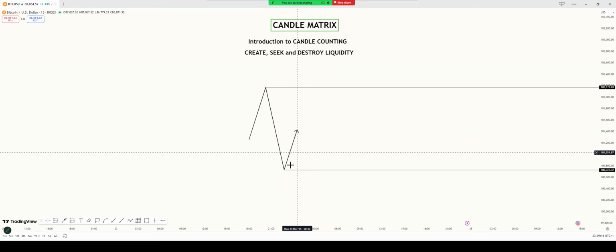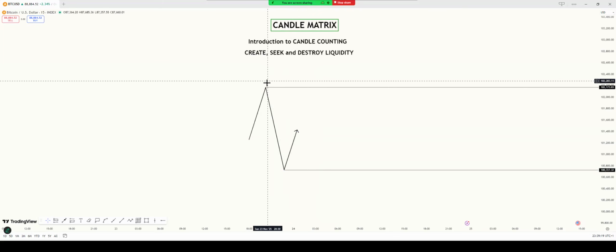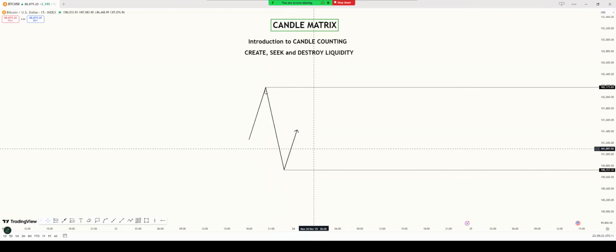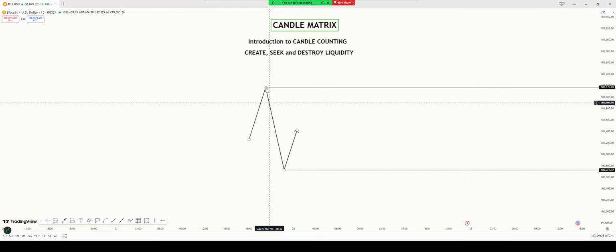What validates this as a significant BSL and this as a significant SSL is when we have an equal amount of candlesticks within the range as the number of candlesticks it took to form this high to this low.